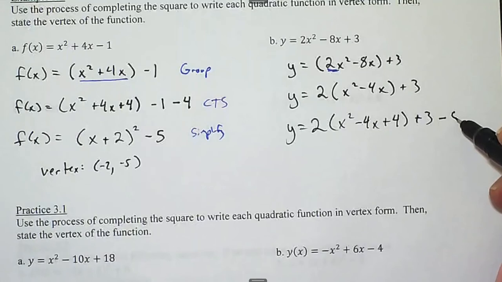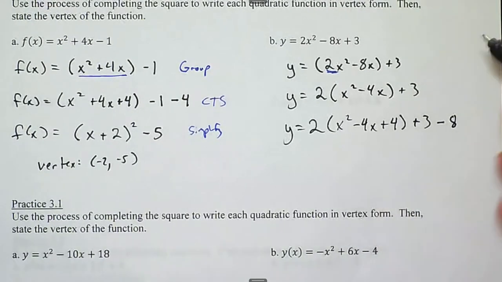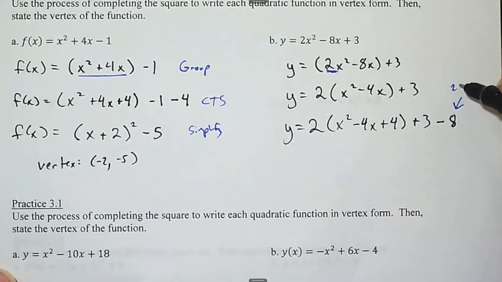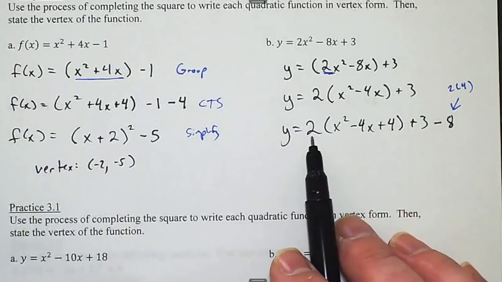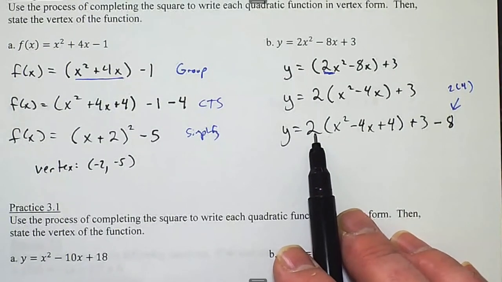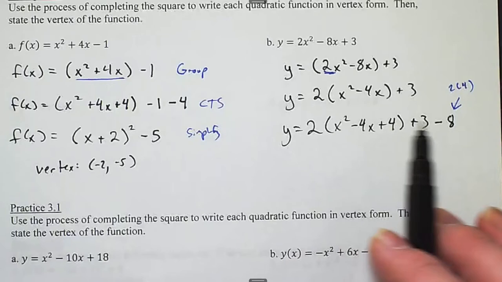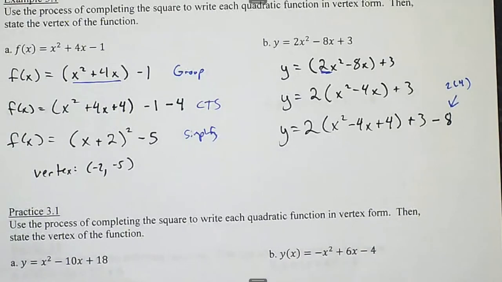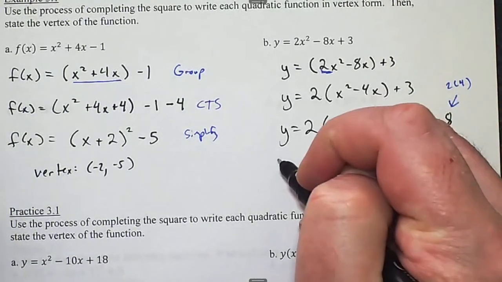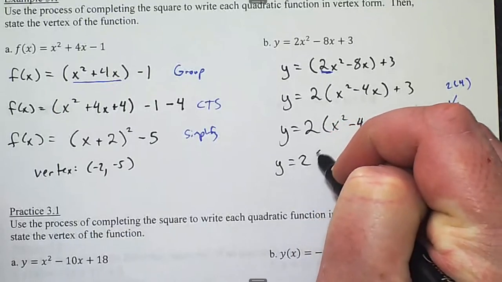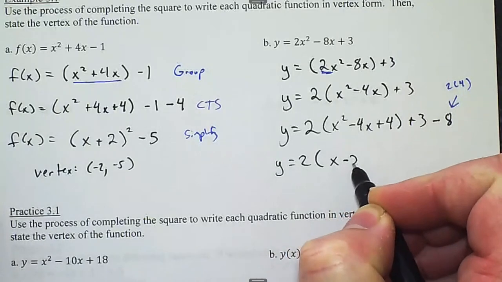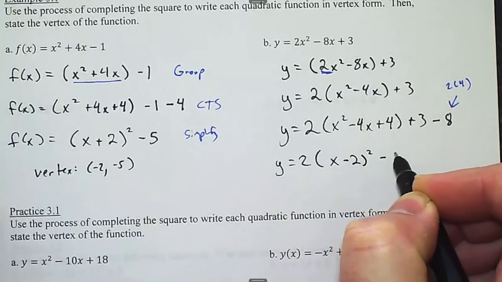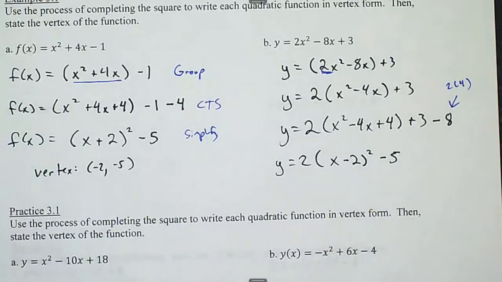So I need to subtract 8. Another thing to pay attention to is that you're always going to put a plus here, but if you have a negative, you have to factor it out as well, which means that you could sometimes be adding out here. All right, so this is y equals 2 parentheses. This factors as x minus 2 squared, then minus 5.